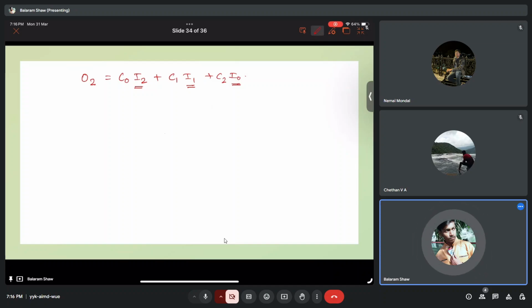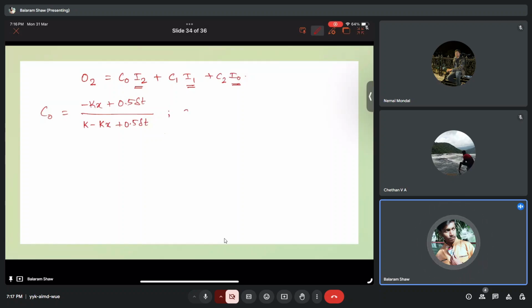How do we write them? C0 will be equal to minus kx plus 0.5 into del t divided by k minus kx plus 0.5 del t.